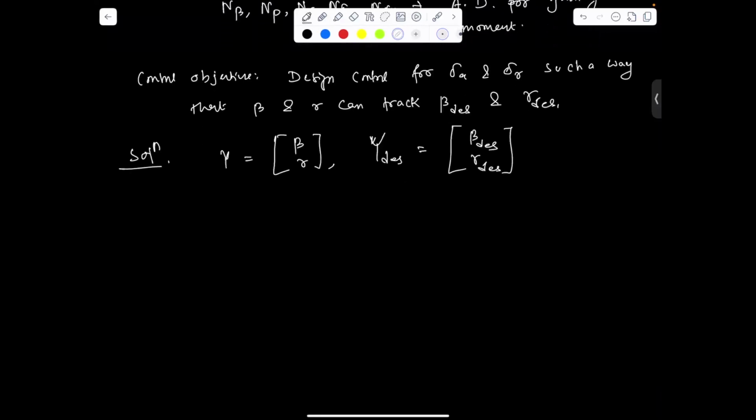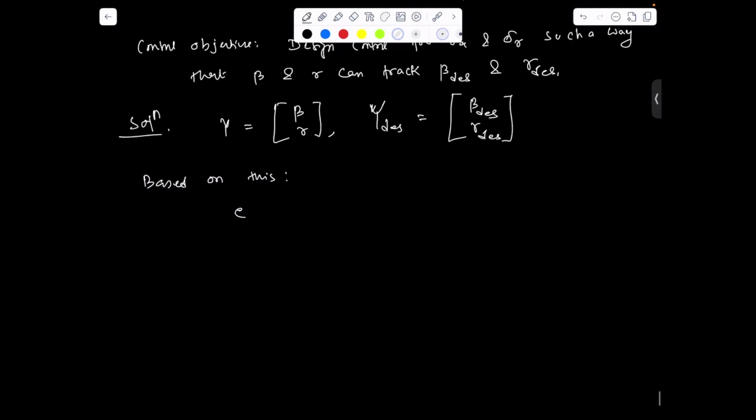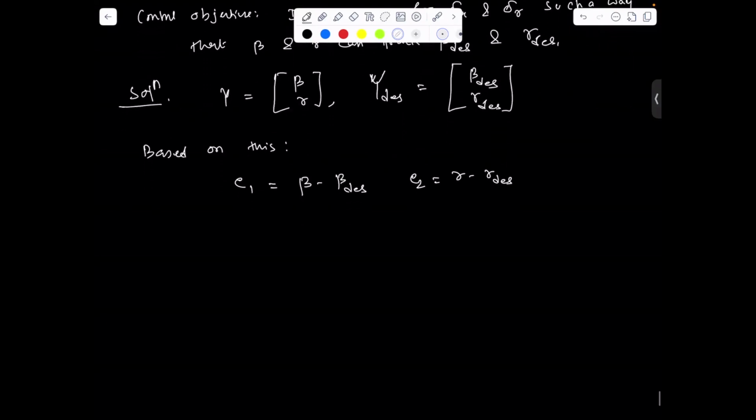Now, based on this, we can find the error. E1 we denote as beta minus beta desired, and E2 let's define as R minus R desired. Our control objective is that E1 and E2 go to 0 as t tends to infinity.